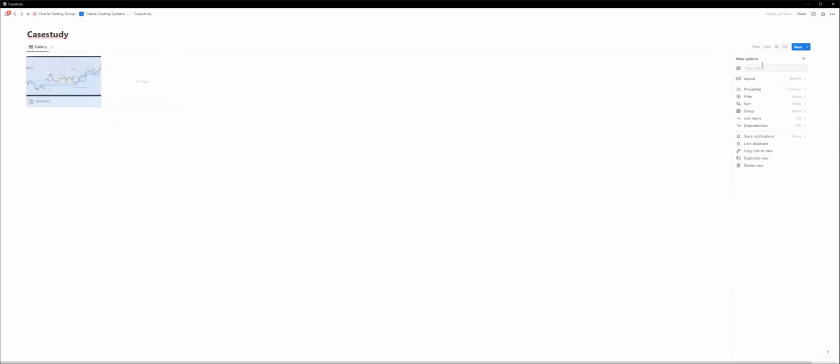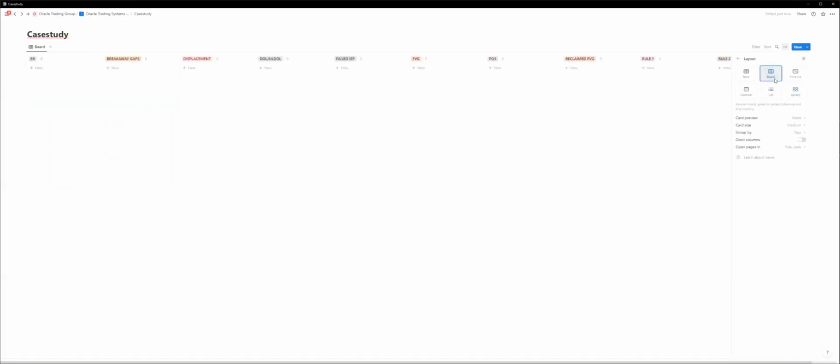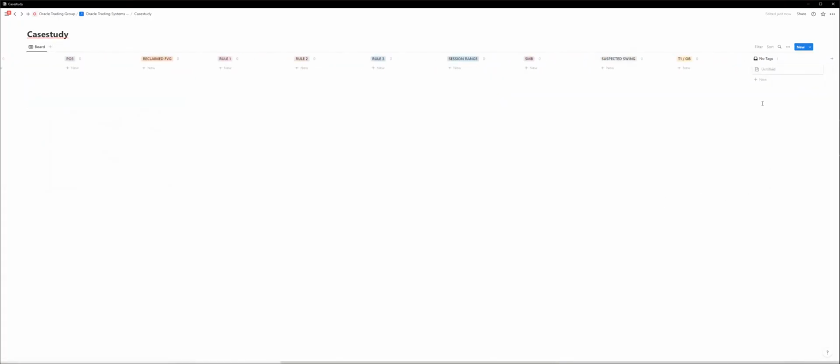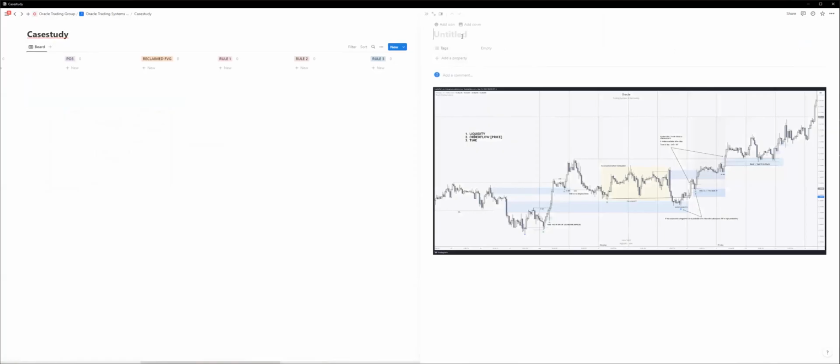And then we can go here, actually, gallery. We can maybe go board. Yes, board. Other than that, I can just slap these all in here. So if I go 1, I'll just put 1. Okay. Actually, you know what?